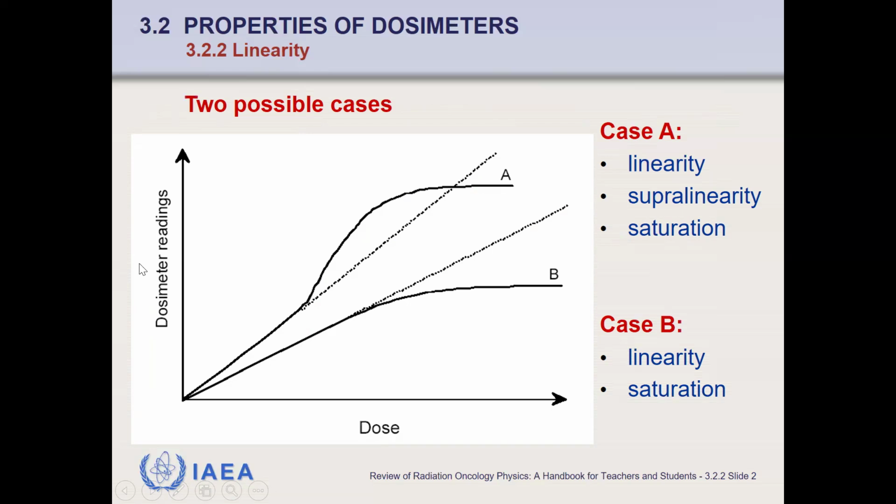Saturation means that the dosimeter reading becomes constant. It doesn't vary after a specific amount of dose. So if the dose increases further, the dosimeter reading stays stable, constant.